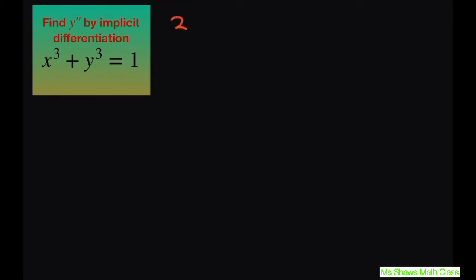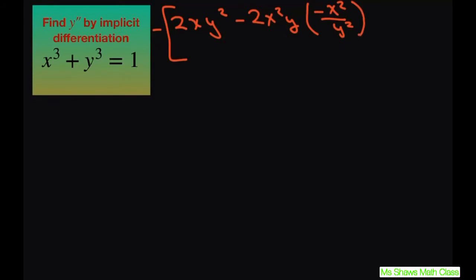So you get 2x, and this is all negative, 2xy squared minus 2x squared y times my y prime. My y prime was negative x squared divided by y squared. And this is all divided by y to the fourth.